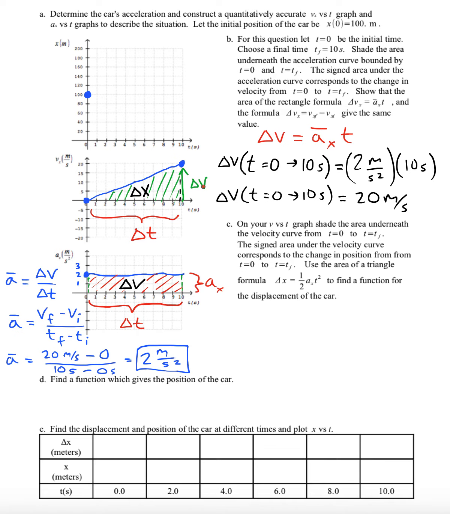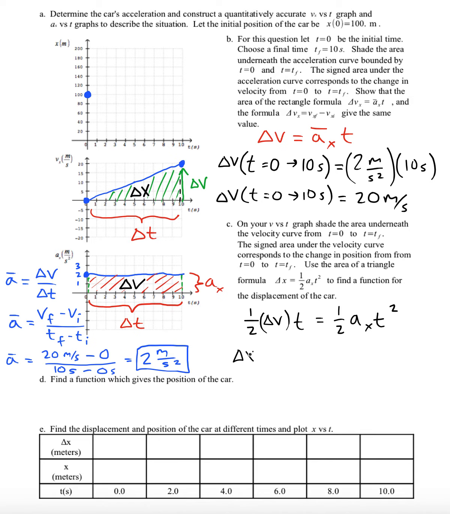So 1/2 at times t. So we get 1/2 delta v times t is going to be 1/2 at squared. And that's the formula we can use now to find the area of that triangle.